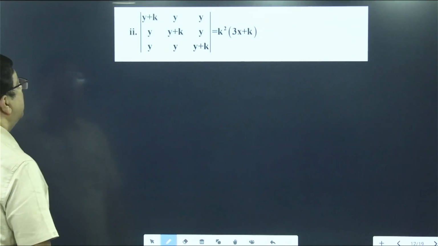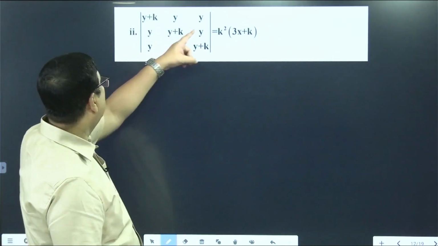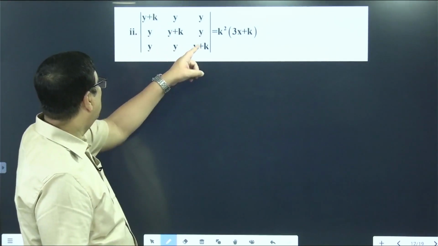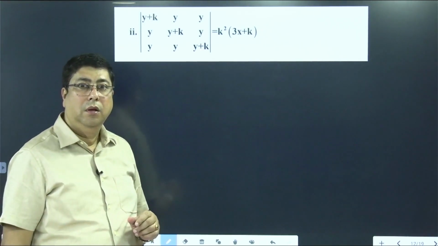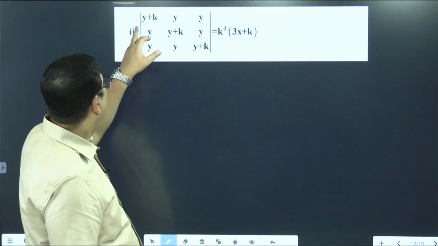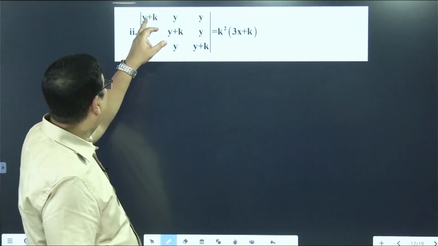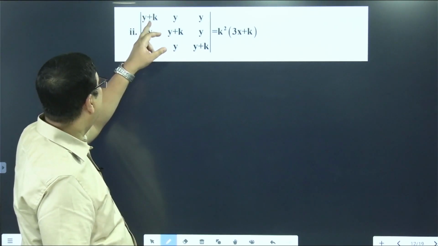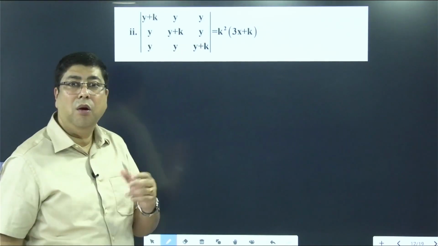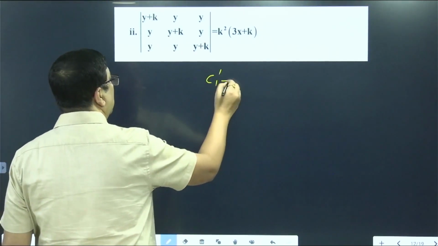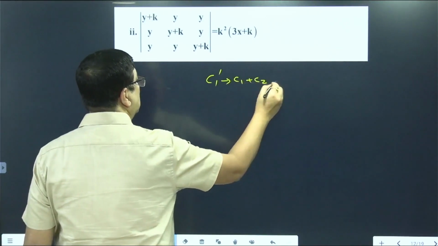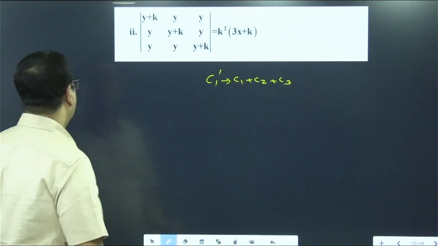Here also similar sum, y plus k, y, y, y, y plus k, y, y, y, y plus k. That is, if we add the column wise, suppose C1 plus C2 plus C3, so we can take common. So it is better if we apply C1 plus C2 plus C3.